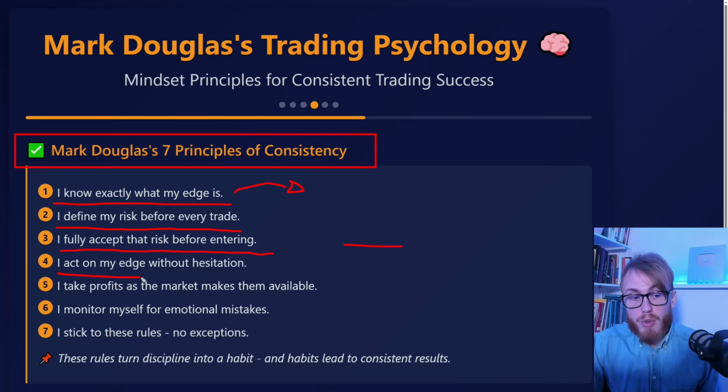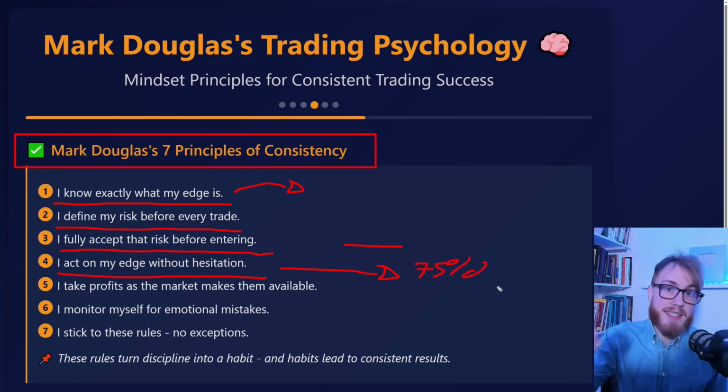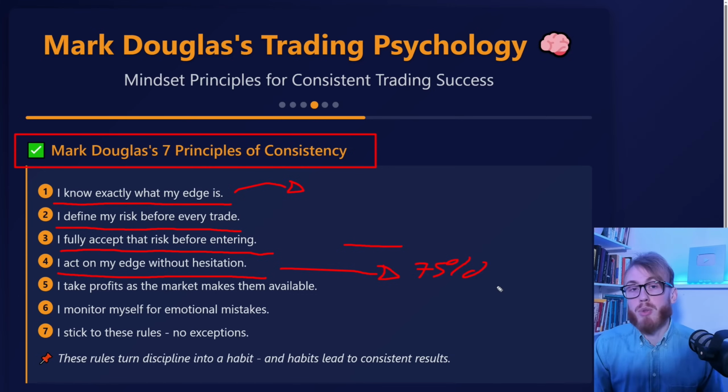4, you should act on your edge without hesitation. So what I mean by this is that if you know that you have a setup with, let's once again use the 75% win rate example. You know that when I see this setup in the chart, I do have a 75% chance win rate. If you know this, you need to act on it every single time you see the setup.